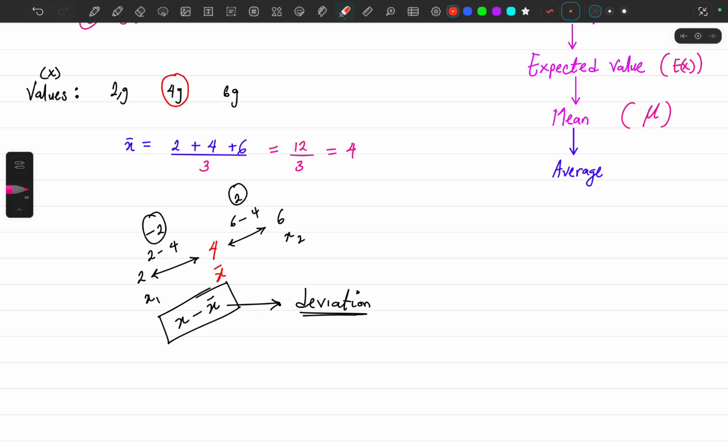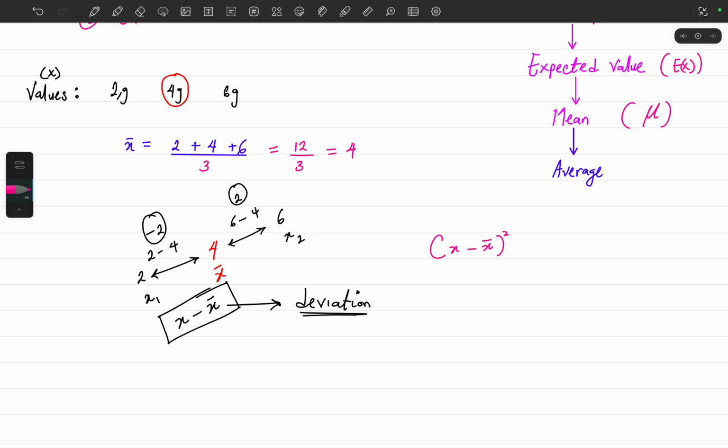But if we sum up x minus bar x, we're going to get 0, because there will be negative numbers and there will be positive numbers. So what we do here is square our deviation. We square our deviation by saying our deviation should be x minus bar x all squared.